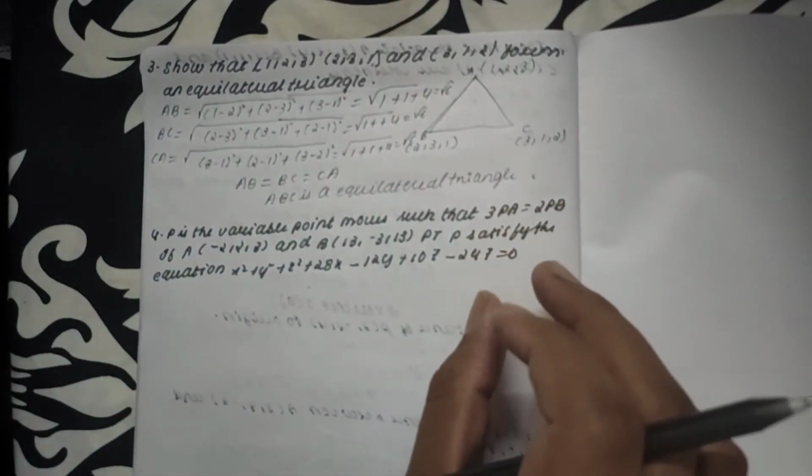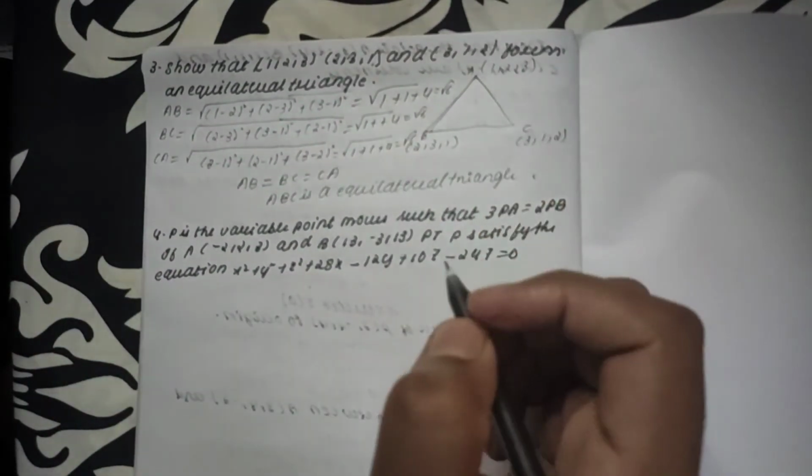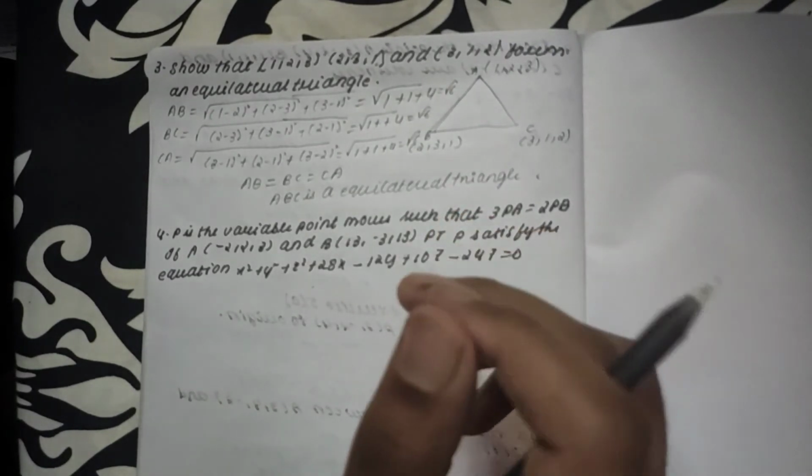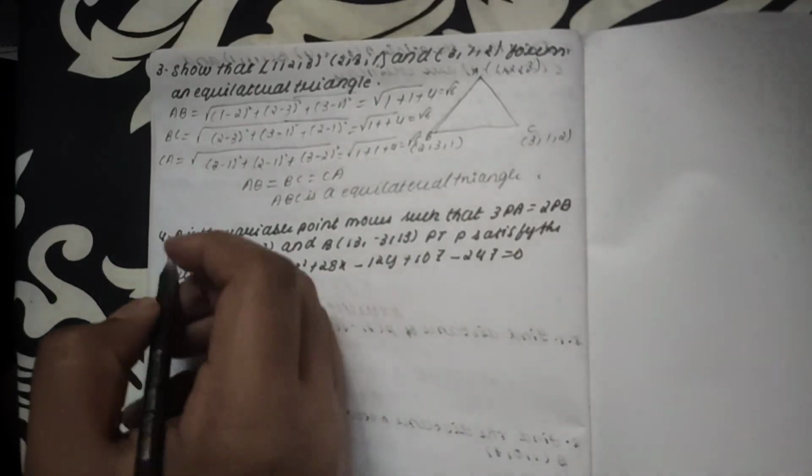A similar sum has been solved by us in the chapter locus. So as we have solved that sum, we are following the same method to solve this sum too.